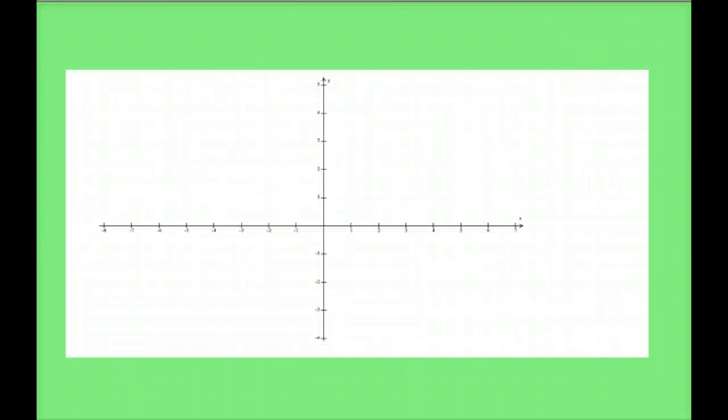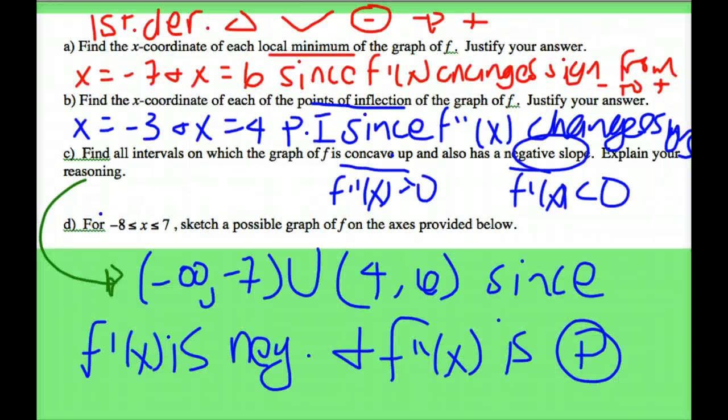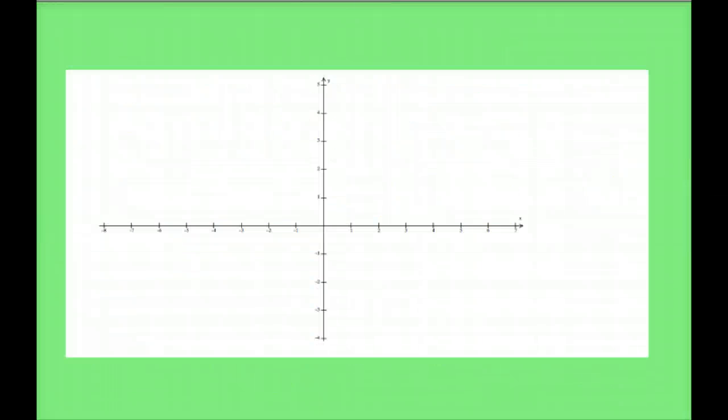So we're going to use this information to sketch out our graph, which is part D right here. So we just said all these different pieces, and we also know that f of 0 has to equal 5. Okay? We said we have a minimum at -7 and 6, so I'm just going to put random spots here. -7 and 6, it has to be some kind of minimum.